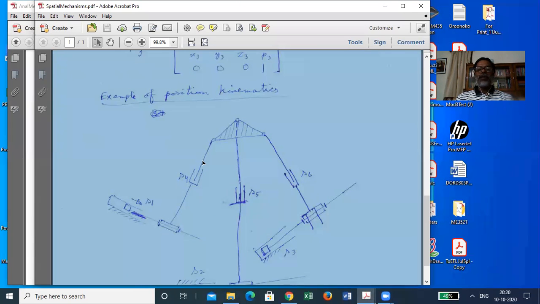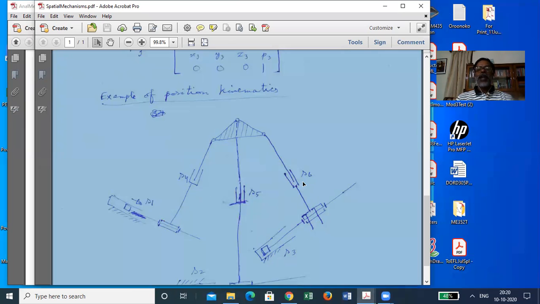This jack you have locked permanently. So R, S, S. Similarly on the other leg, R, and again frame because this jack and this jack are locked.